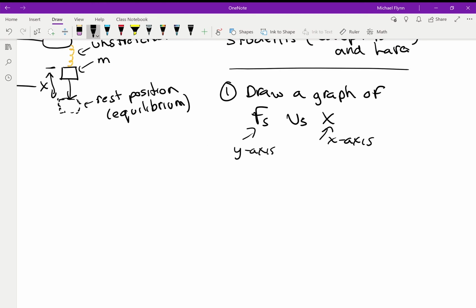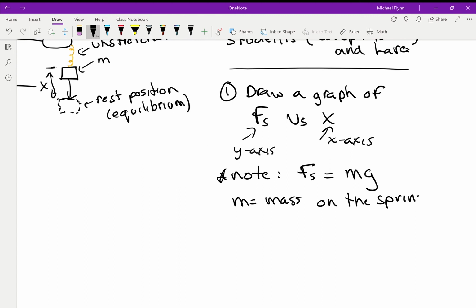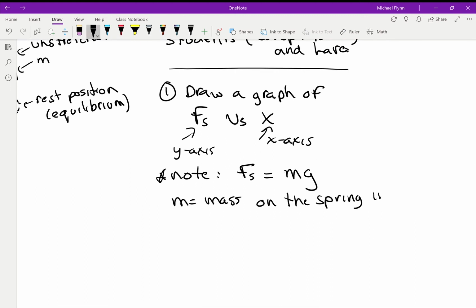So, force on the spring versus x. Now just note, force on the spring equals mg, where m is the mass on the spring in kilograms, not grams.